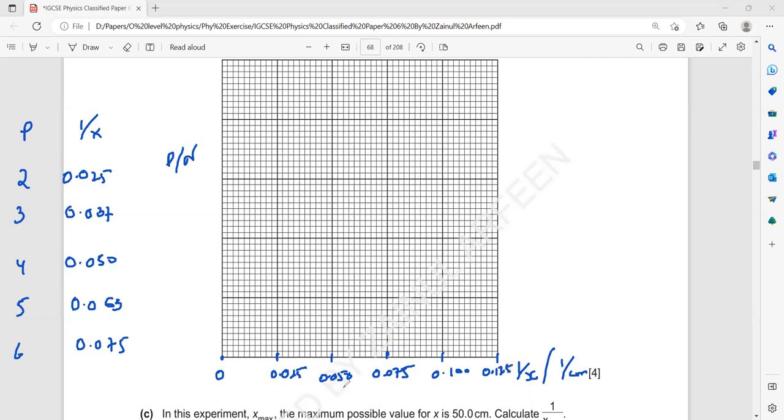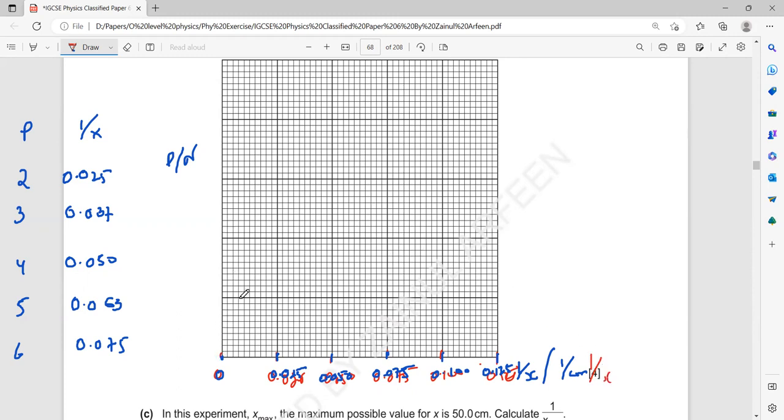So it's like 25, 50, 75, 100, 125. These are the values for 1 over x. So this was 0, 0.025, 0.050, 0.075, 0.100, and 0.125.